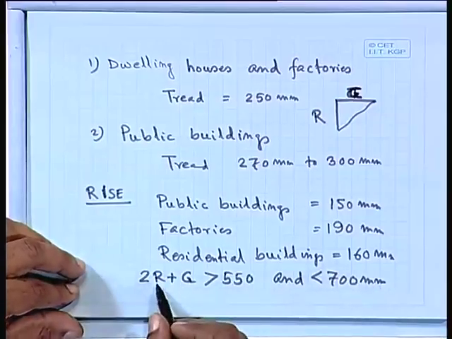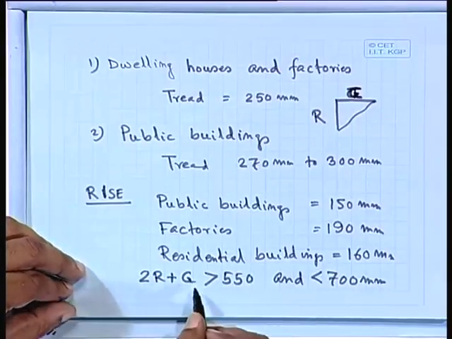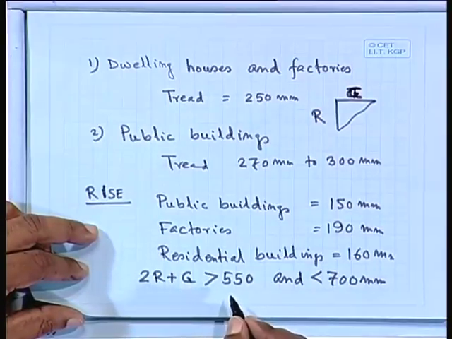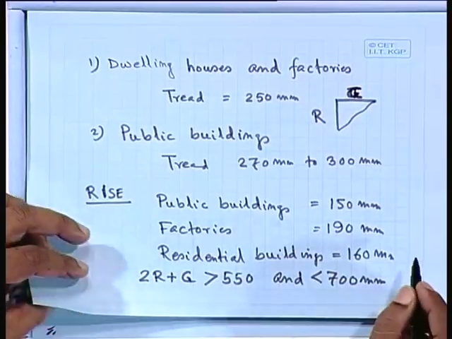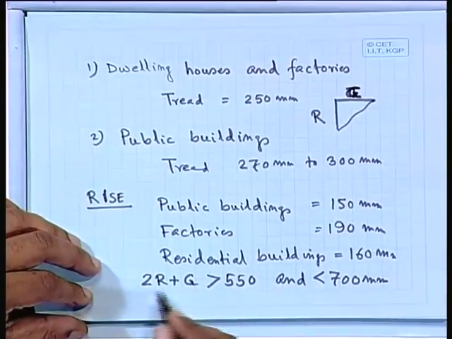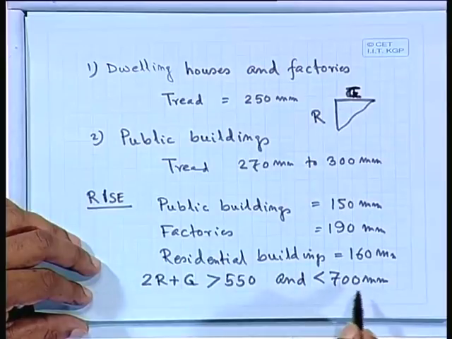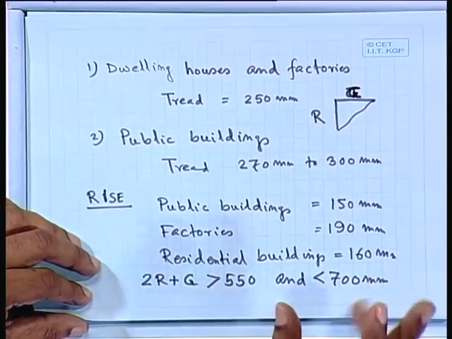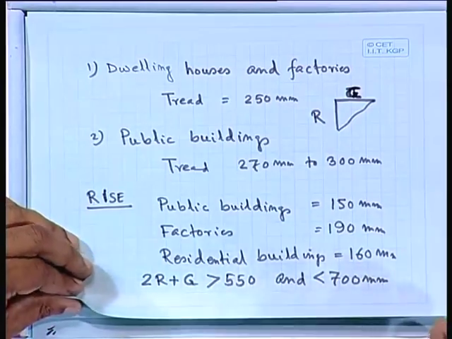We can take 2R plus G, rise plus going, as say 600 millimeter. This is for residential; for any building you can take it, only the value changes. So for a residential building we shall take 2R plus G equal to 600, and on the basis of that we can calculate.